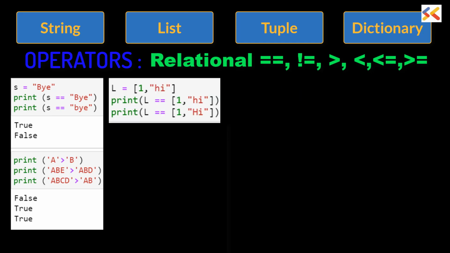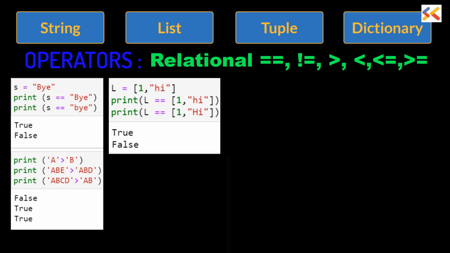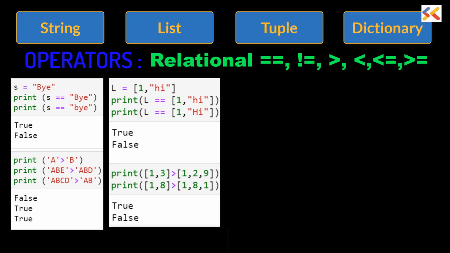Now let's see how relational operator works with list. We can use equal to compare two lists. Two lists will compare as equal and return true if they are the same length, and all pair of items compare as equal. If any pair is not matching, it will return false. So how does greater than and less than then work with list?